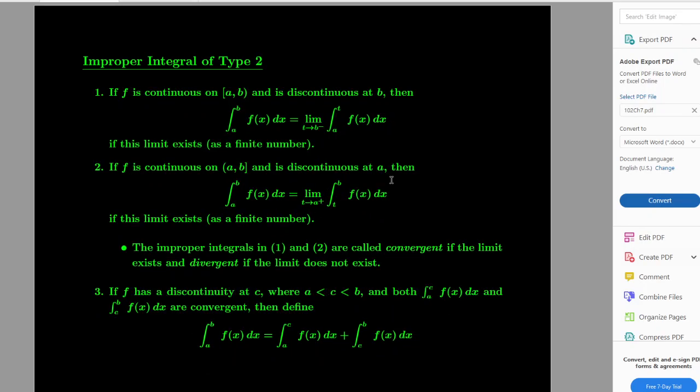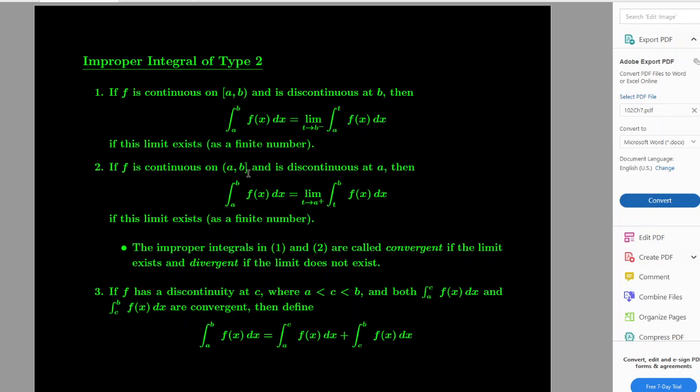Type 2 improper integral. The first case is probably the case we have seen, right? No, actually, the question we have seen was the second case. Imagine a value was 0, b value was 1, and the function was 1 over square root of x. That's actually the question we did.